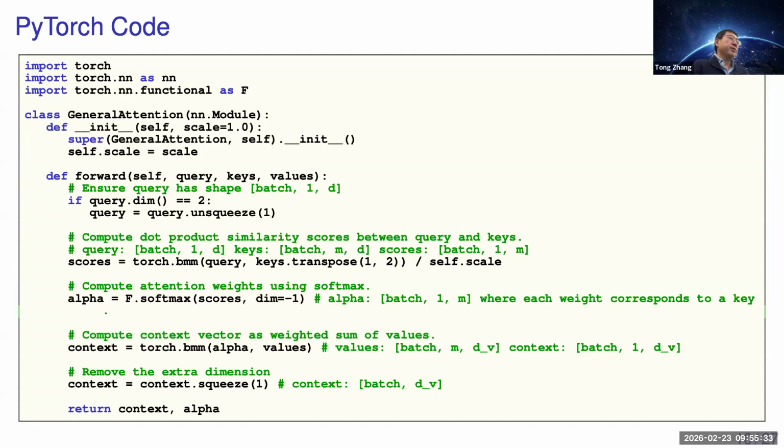Okay, so roughly this is just the implementation. You can take a look, or if you're not interested, just look at what it produces. Basically, given a query and a batch of keys, it returns a weighted sum of values.